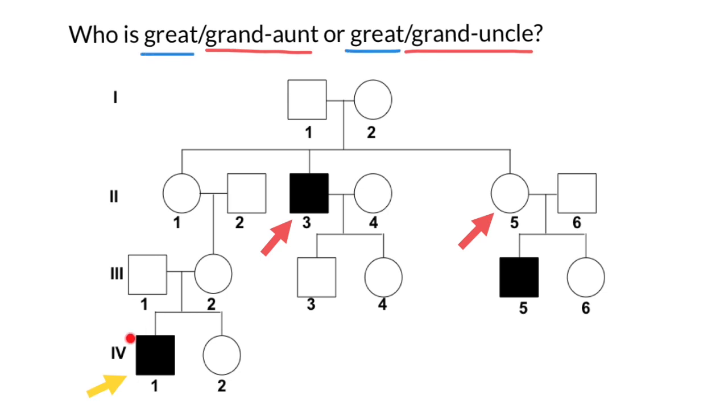Because relative to you, this is going to be your parental generation, and this is going to be your grandparental generation. And this is going to be great grandparents. So technically, the brother or sister of your grandmother is going to be grand generation. So it is more appropriate to use grand instead of great.